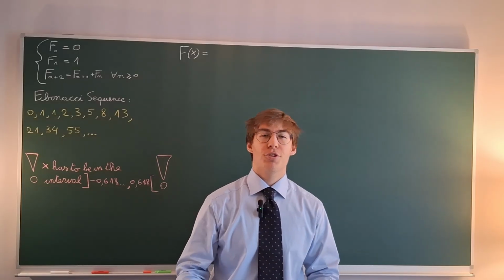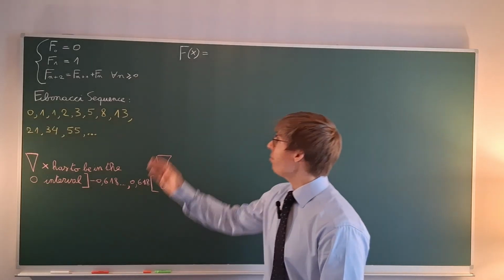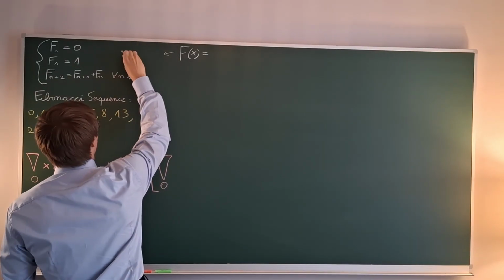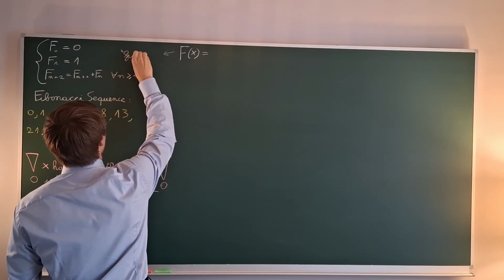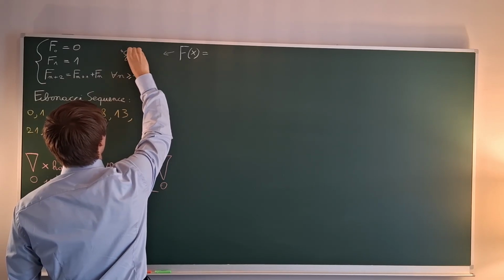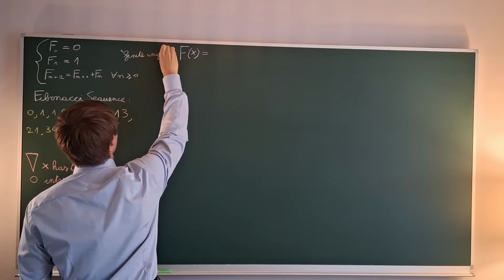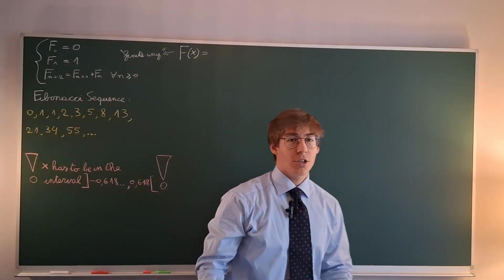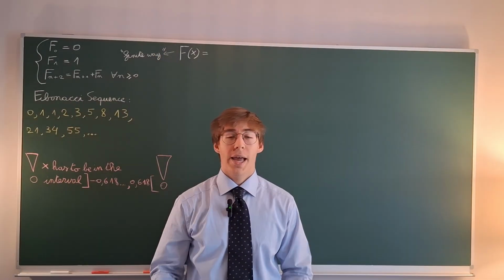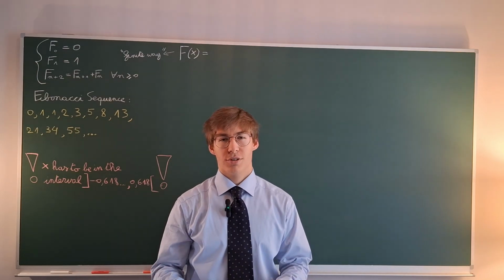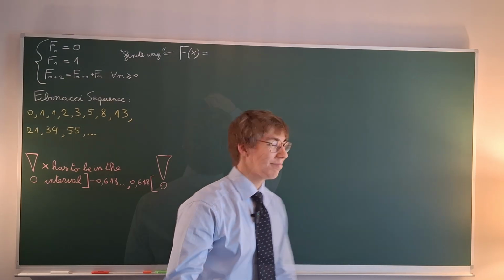Now the key trick to solve this problem is to write our infinite function in a finite way. f of x is known as a generating function, and often we can rewrite these functions. So let me do that now.